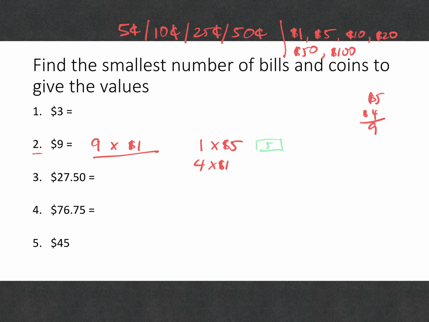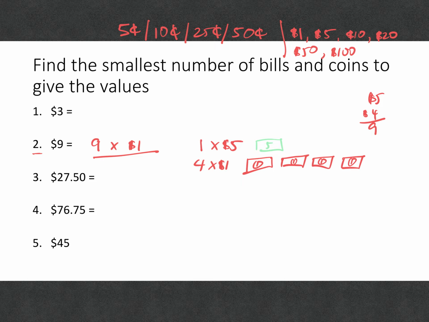That will add up to 9. So let's just draw those $1 bills. So we have $1 bill, $1 bill, $1 bill, and $1 bill. So you guys see, we have 1 $5 bill and 4 $1 bills. So in total, we give them 5 bills, and we're able to make exactly $9.